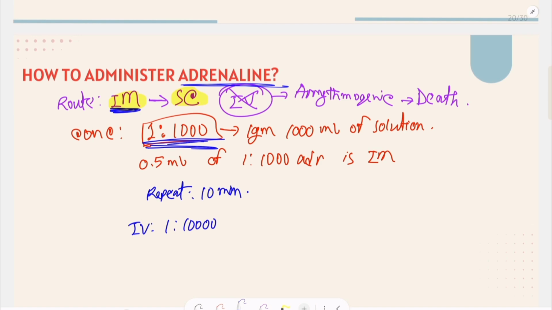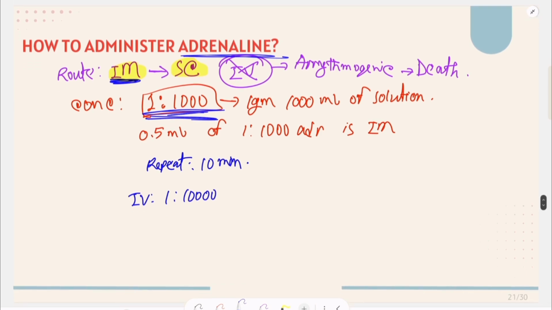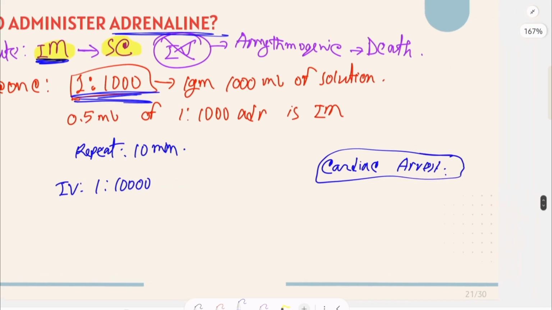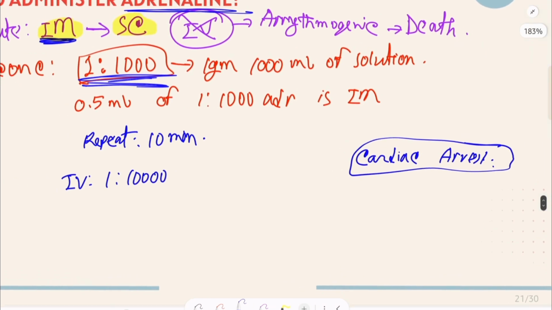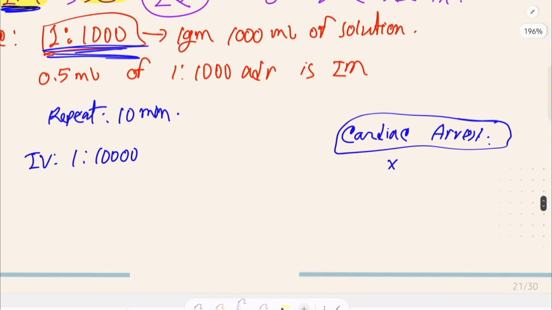Now, adrenaline is also used in cardiac arrest. Now, what do you mean by cardiac arrest? Cardiac arrest means the heart has stopped working. When the heart is not working, what will be the clinical presentation of the patient?